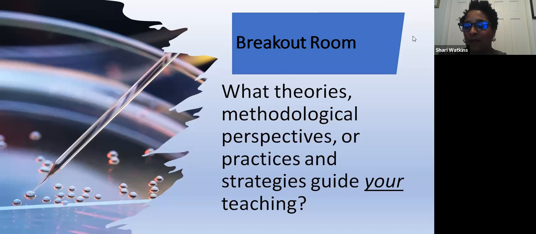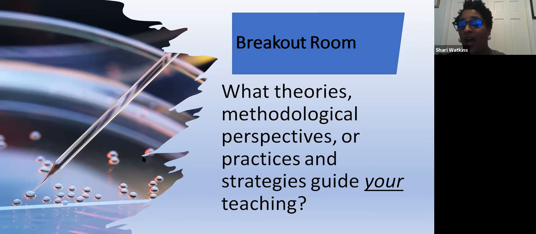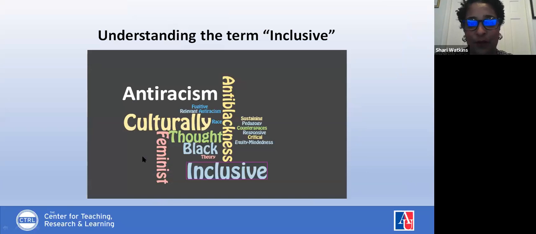Yes, Tracy, you have a question. Sorry, Dr. Watkins, somebody asked in the chat, could you elaborate on what fugitive means in this context? Sure. This word map is a map of some of the critical theoretical perspectives, right?